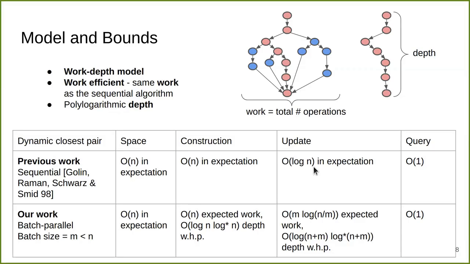Suppose we process m updates using the sequential data structure, it will take m log n work. For our parallel batch dynamic data structure, we take only m log(n/m) work, which is less. So we're faster even running sequentially. But since we run the data structure in parallel, we also have polylogarithmic depths.